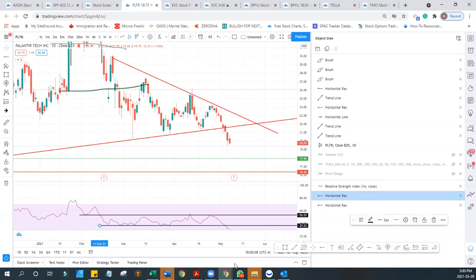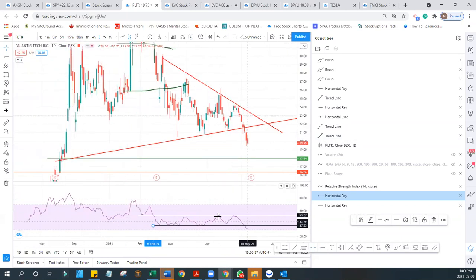It's decaying. There is no strength, no momentum here. How is PLTR going to go up? Even if it goes up, the 21 and 60s will come into the picture and bring the price down to $18, $17. There is no strength in the market for the PLTR.